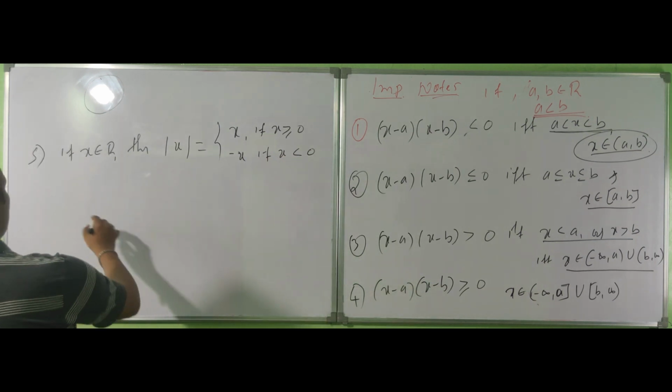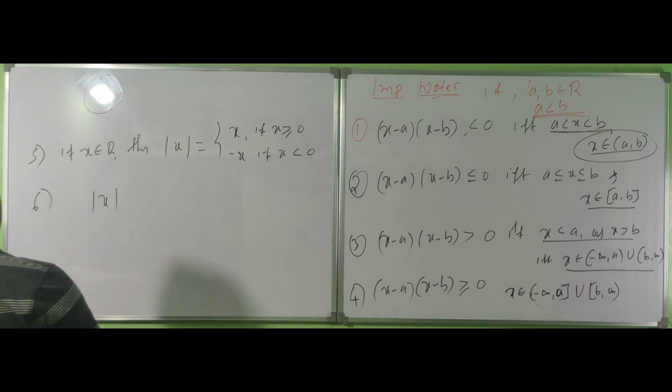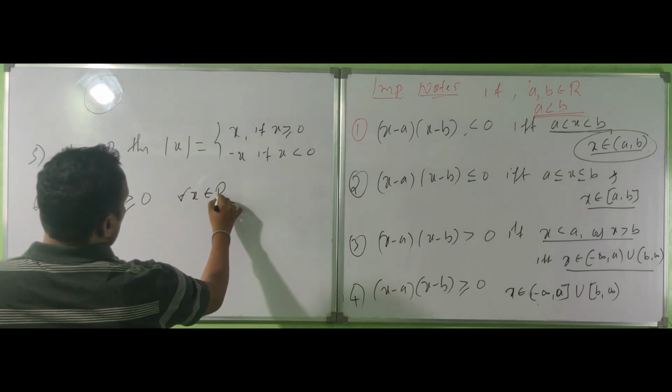And the sixth one: mod of x is all the time greater than or equal to 0 for all x belonging to R.